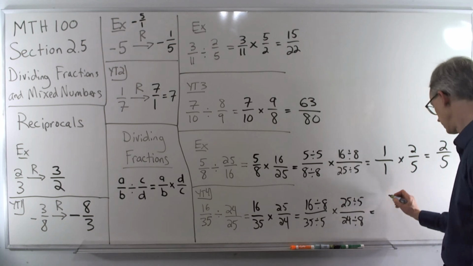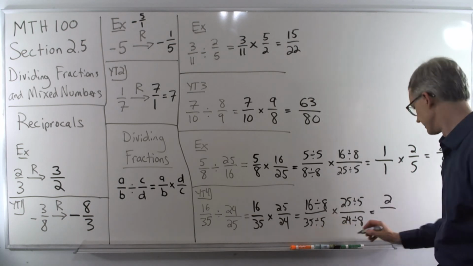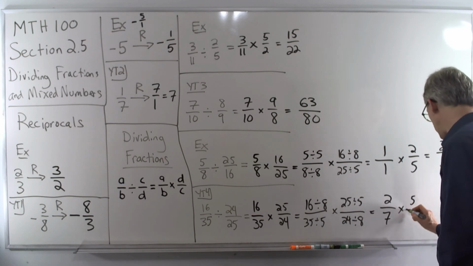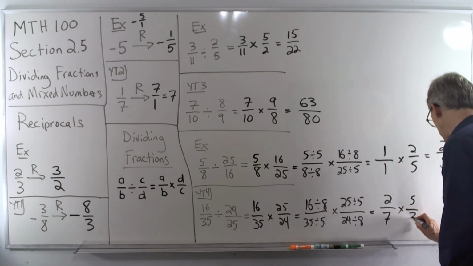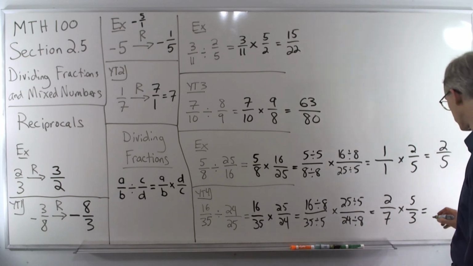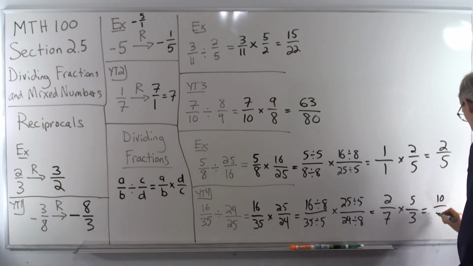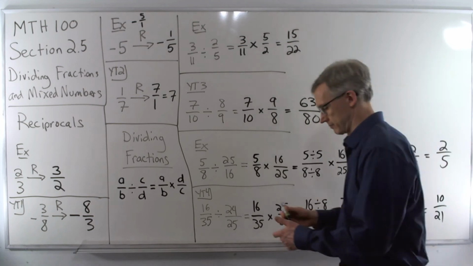So we got 2 here. Got a 7, a 5, and a 3. Multiplying straight across, no more cancellations here, so 10 over 21.